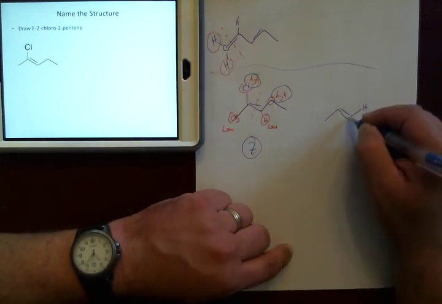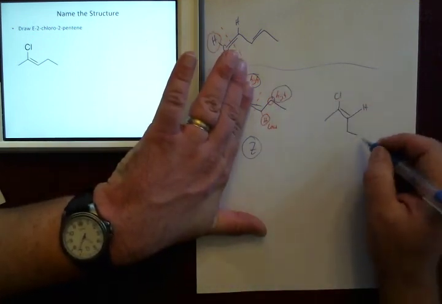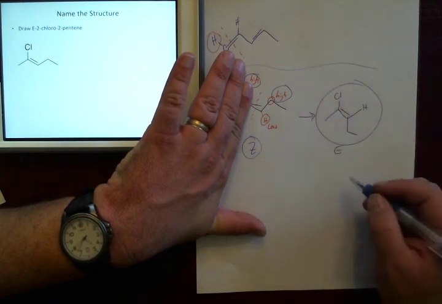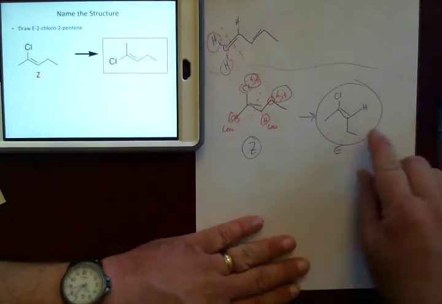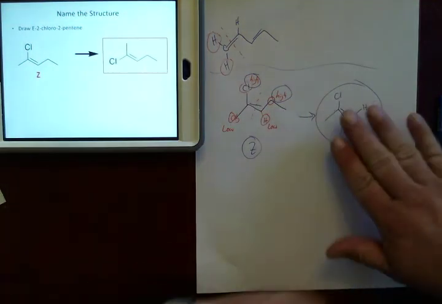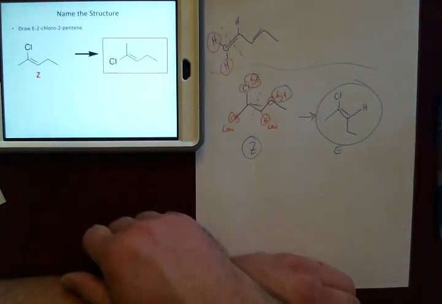So we're going to hold this side fixed and flip this. Now this is automatically the E version, so this is the one we want. It doesn't matter which side you do. Here I held this side fixed and then flipped that. It doesn't matter which side because you just flip it like that. So there you go. Good luck.